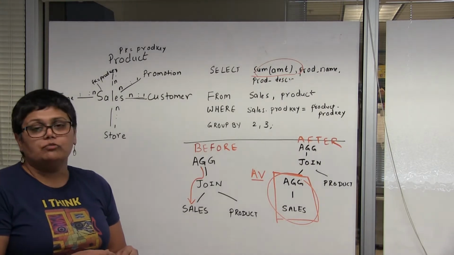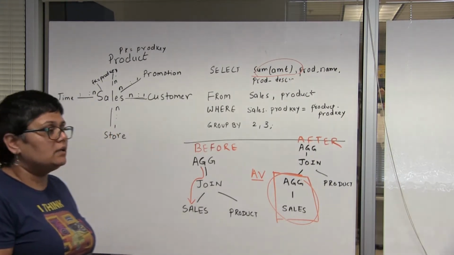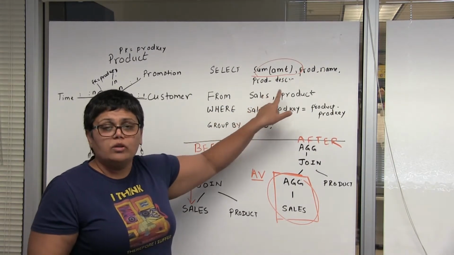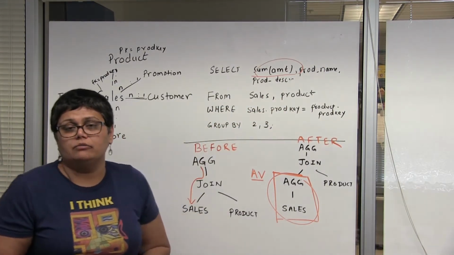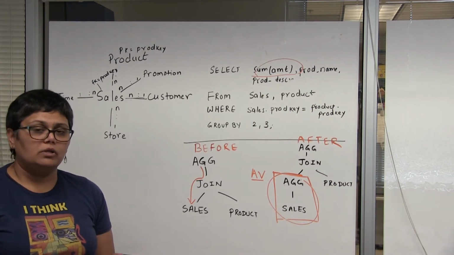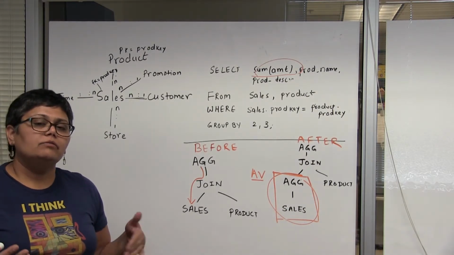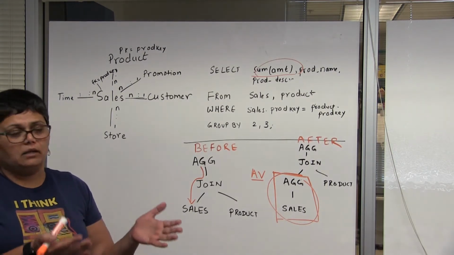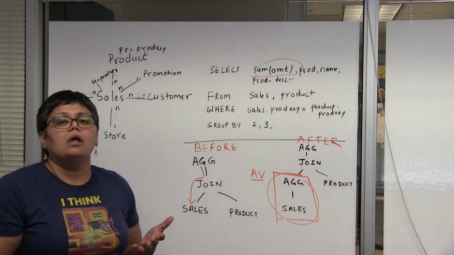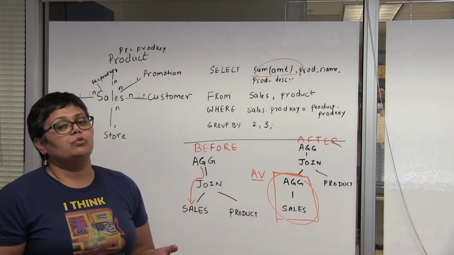Now, another strategy would be to create an analytical view on the join itself. The join of sales and product could be inside an analytical view, and that would be okay too, but one has to think about the trade-offs. Analytical views, or in general materialized views or cubes or anything that involves a join, are expensive to compute and expensive to maintain.